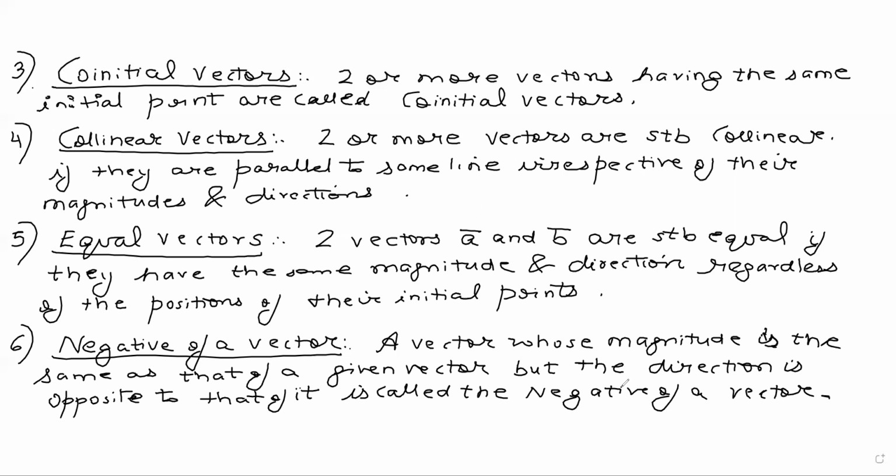Basically, guys, if you have a vector which has the same magnitude as the initial vector, but the direction is exactly the opposite of the initial vector, then that is called the negative of a vector.